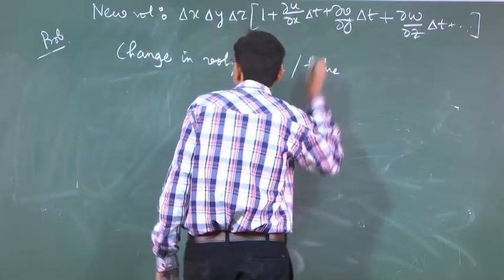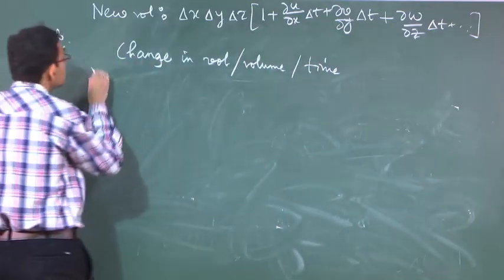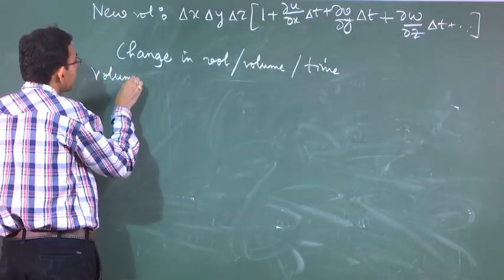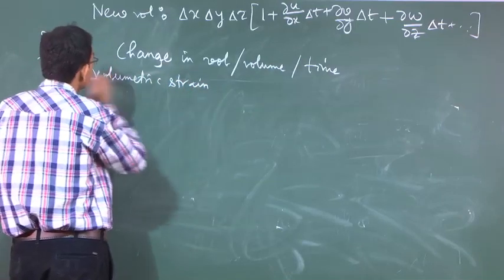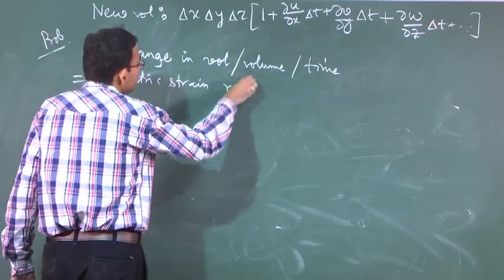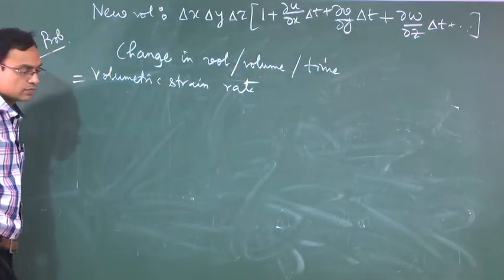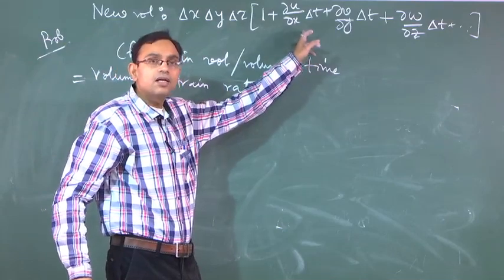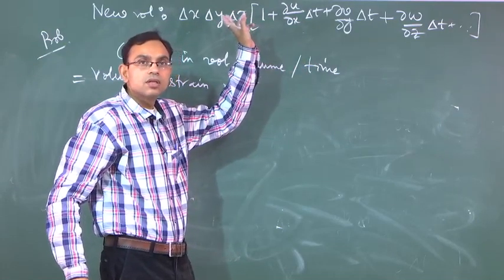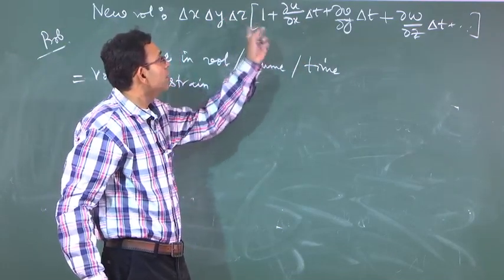This is the volumetric strain rate. So, what is this? This volume minus the old volume, then this term will be gone.